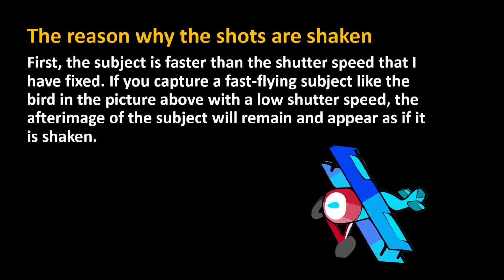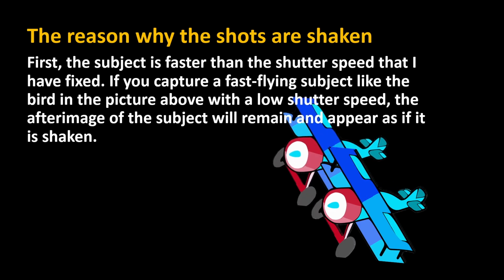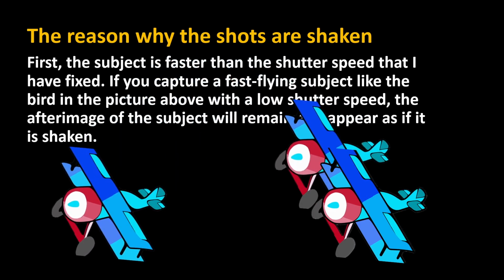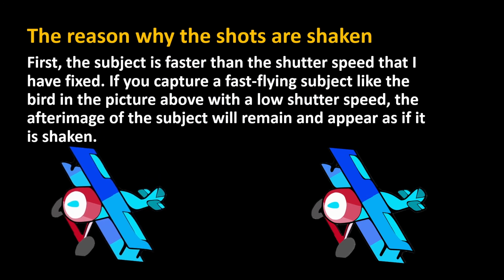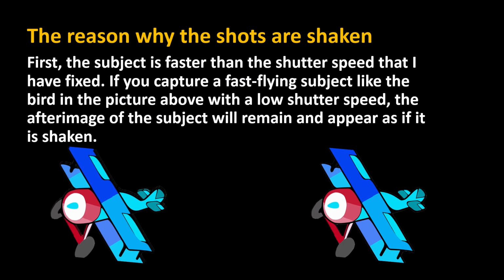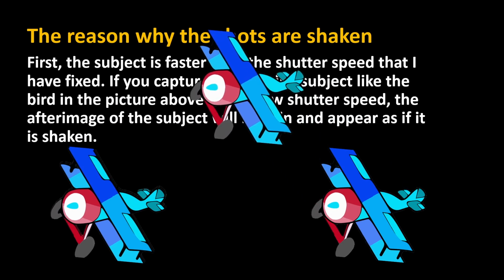First, the subject is faster than the shutter speed that I have fixed. If you capture a fast-flying subject like the bird in the picture above with a low shutter speed, the afterimage of the subject will remain and appear as if it is shaken.